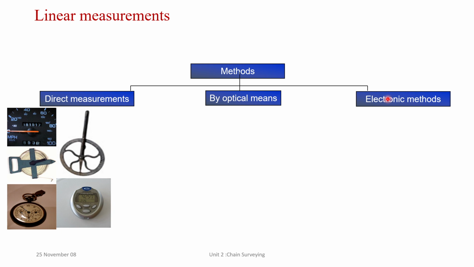We rotate the wheel, and the number of rotations multiplied by the circumference of the circle gives us the distance. Or we can use tape. An odometer or distanceometer is also there. These are the direct measurement methods.